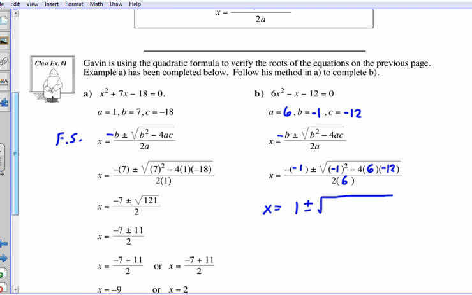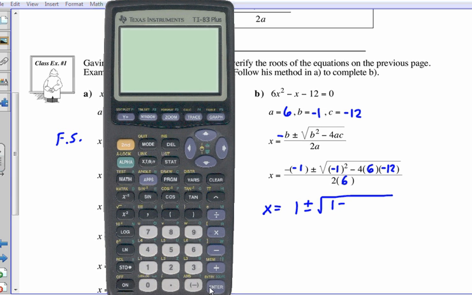Negative 1 squared. Negative times a negative. Always when you square a number, it's positive. So what's negative 1 times negative 1? Positive 1 minus 4 times 6 times negative 12. So let's just type that in.